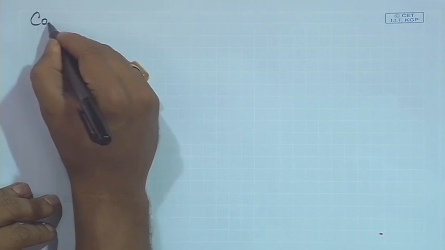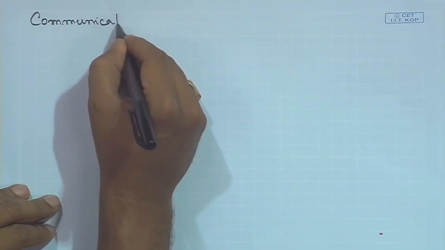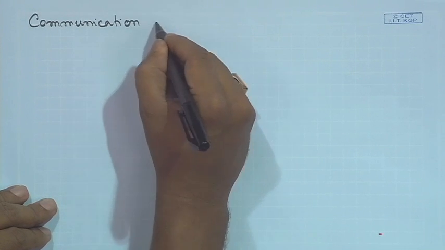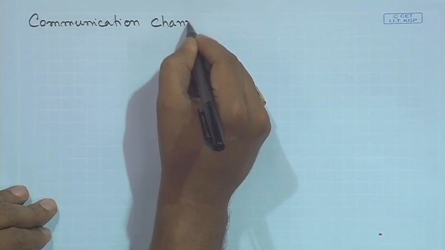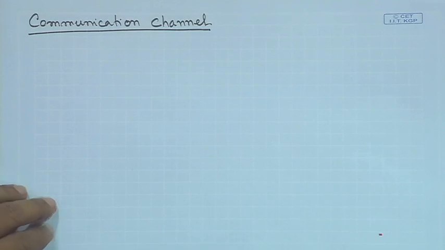Going beyond the source coding, the next part that we need to look at, of course, there are many different parts in the communication system, but one of the very important parts is the communication channel.